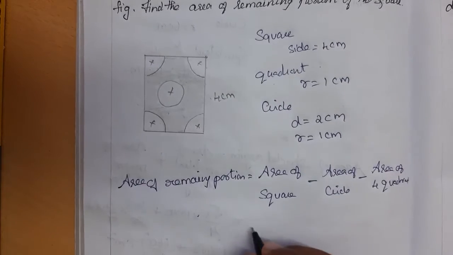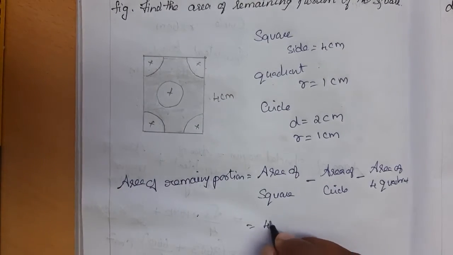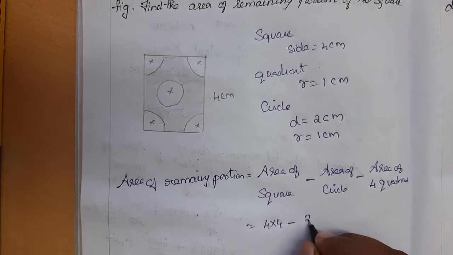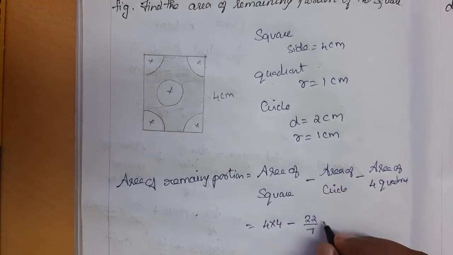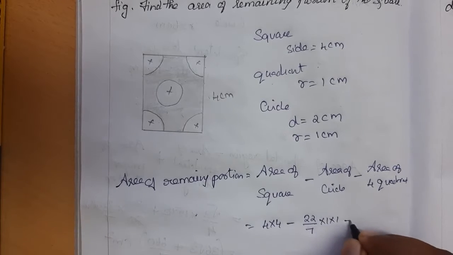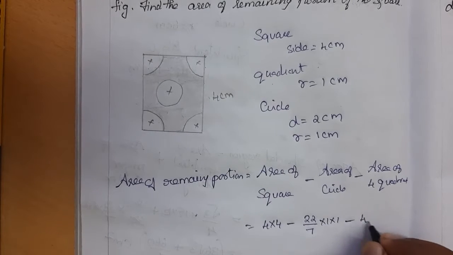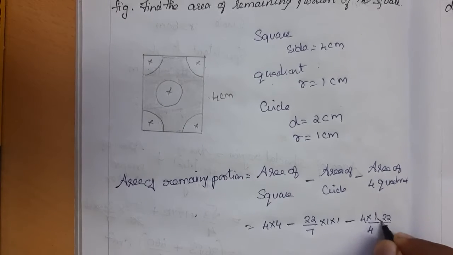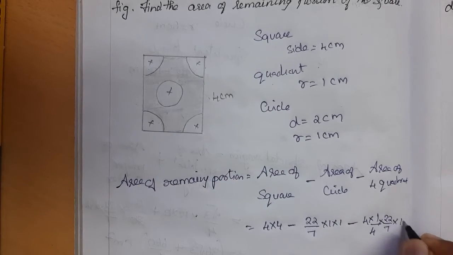So the area of the square is side into side, that is 4 into 4, minus the area of the circle, which is pi r square. Pi is 22 by 7, r square is 1 square, 1 into 1, minus 4 quadrants, right? So 4 into a quadrant is 1 by 4 into pi, the same 22 by 7 into 1 into 1.